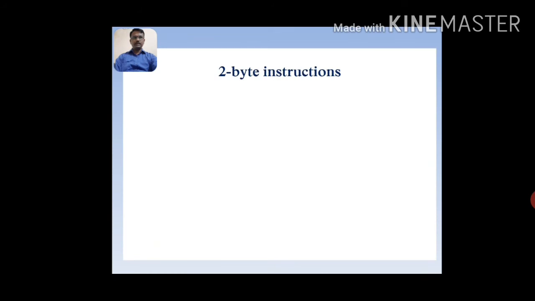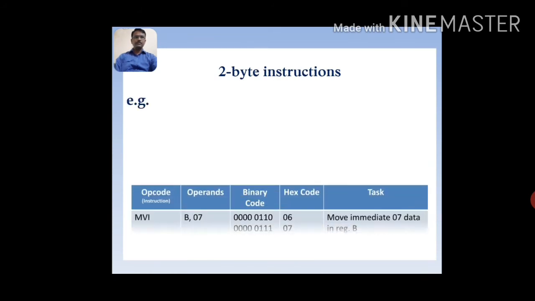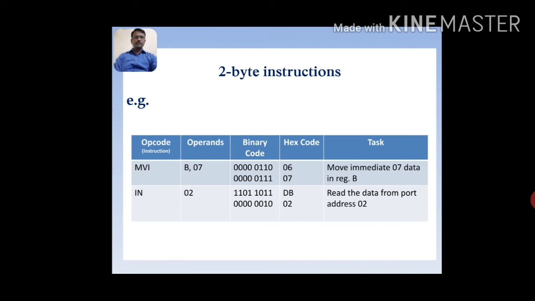Let us see some examples of 2 byte instructions. The instruction is MVI B, 07. So MVI is the opcode, the task to be performed. The meaning of this instruction: move immediate the 8-bit data 07 to register B. MVI has the opcode 06.